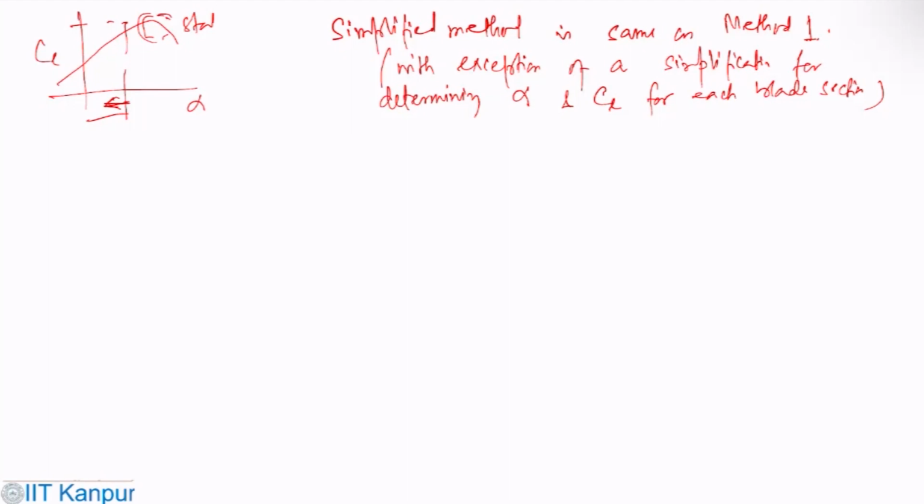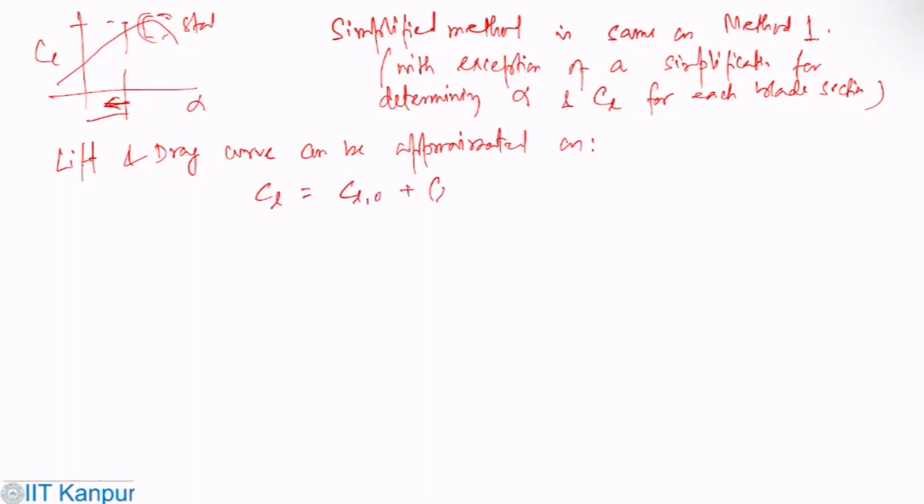What you can write is that the lift and drag curve can be approximated as CL equal to CL naught plus CL alpha times alpha, and CD equals CD naught plus CD alpha 1 alpha plus CD alpha 2 alpha squared.